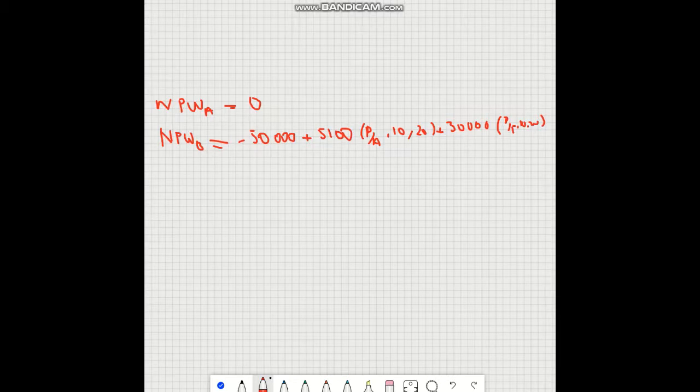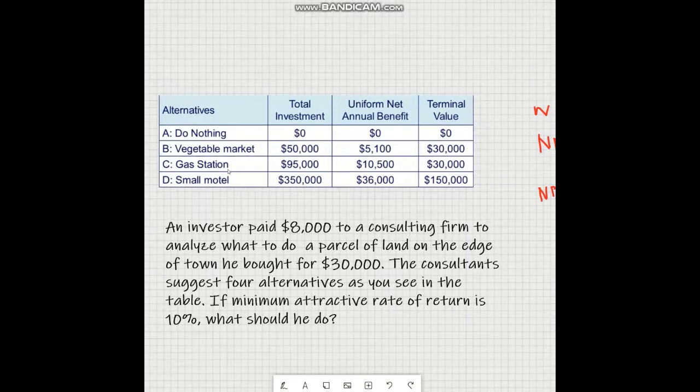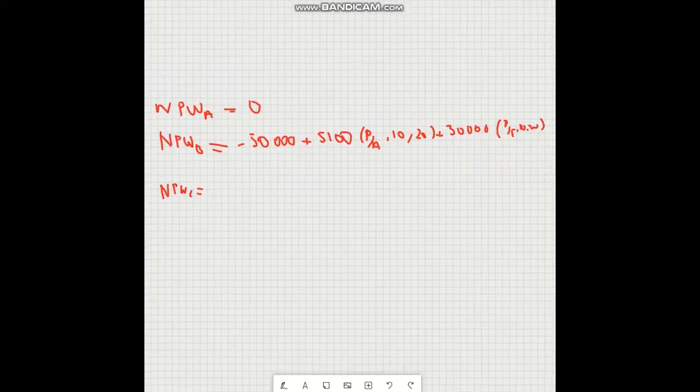And let's see net present worth of option C, or alternative C. What is it? It is a gas station. So they suggest 95,000 for the initial cost, and this gas station is going to bring almost double, 10,500 every year, and at the end he can sell this gas station for $30,000. Okay, let's write it down.